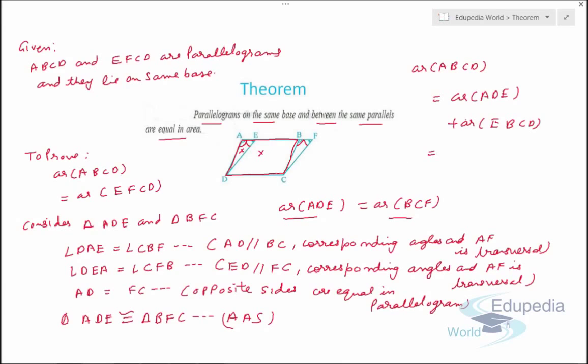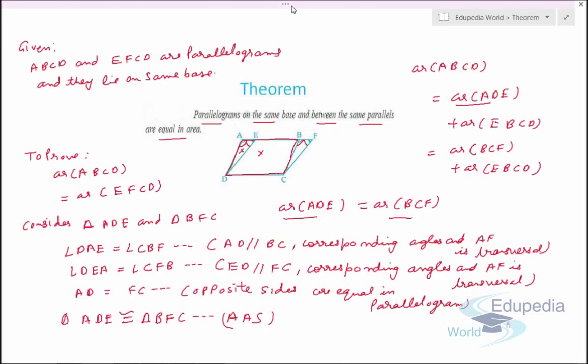Now since area of ADE is equal to area of BCF, which we have proved, we can write area of BCF plus area of EBCD instead.